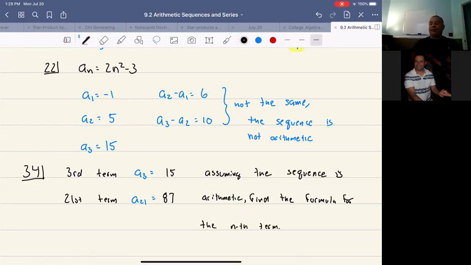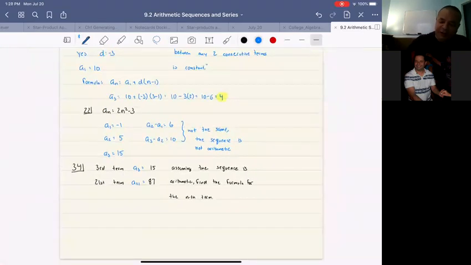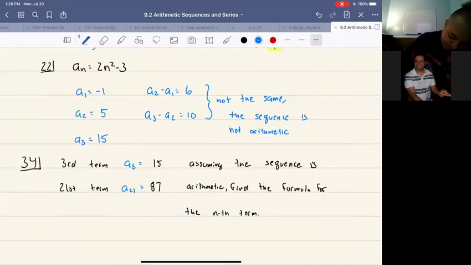Now we assume a sub 3 is 15 and a sub 21 is 87. So how far apart are they? They are 18 apart. Basically, we're finding what you might know as the slope. So d is equal to a sub 21 minus a sub 3 over 21 minus 3.